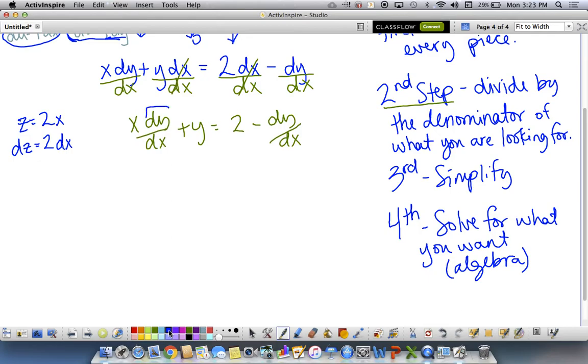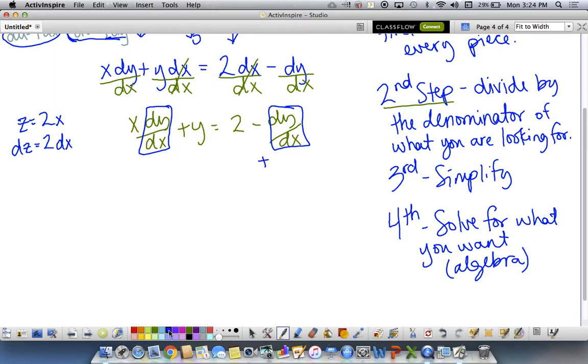So we want to solve for dy dx. But this time, I have two of them. So I need to get them together, right? So we're solving an algebraic equation. I've got two unknowns that I want to solve for, one on each side. What do we do with it?